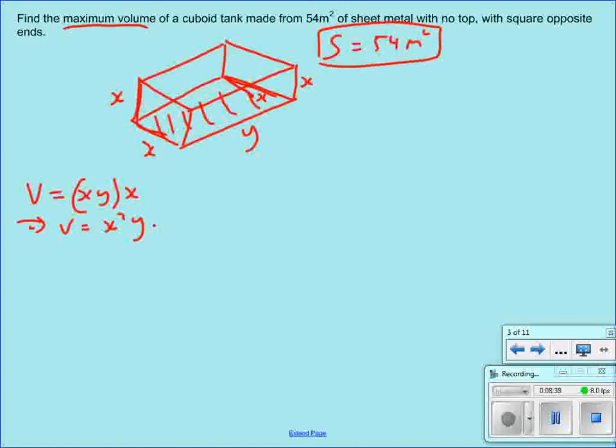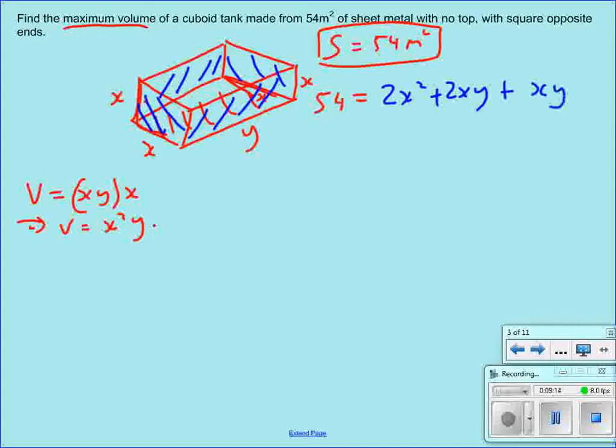Yeah? So the surface area equals 54, which equals, well, I've got two of these square ends here, so that's 2 times x squared, yeah? I've got two of these sides here, which is length y times x, so that's plus 2xy. And I've got the base itself, which is x times y, so plus x times y.